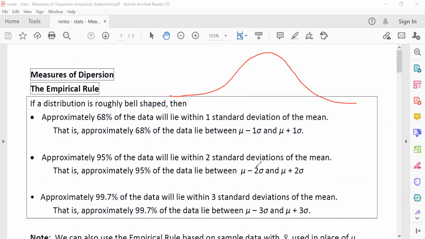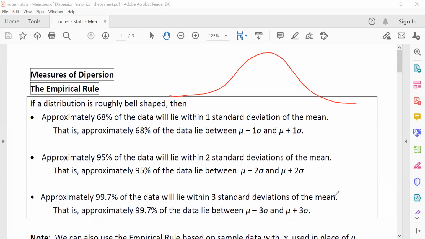So if you subtract off twice the standard deviation, or you add twice the standard deviation onto the mean, that creates 2 different values. And between those 2 values, about 95% of the data will lie. And finally, virtually 100%, not quite though, of the data will lie within 3 standard deviations of the mean. And of course, we're going to look at examples of this here in just a moment.